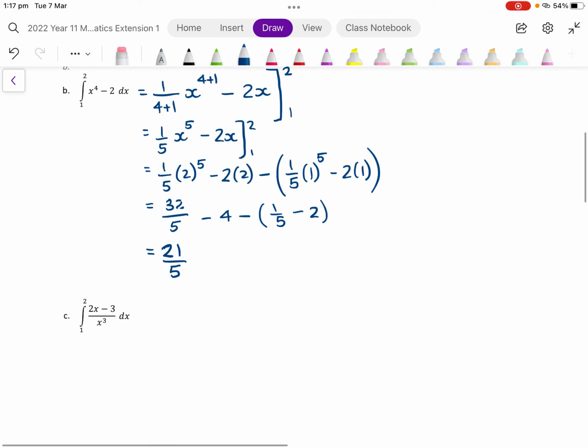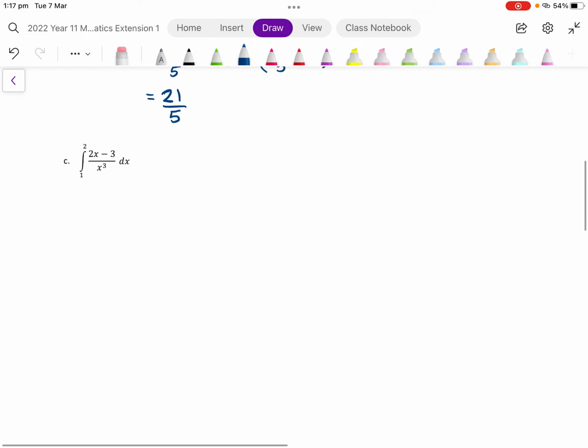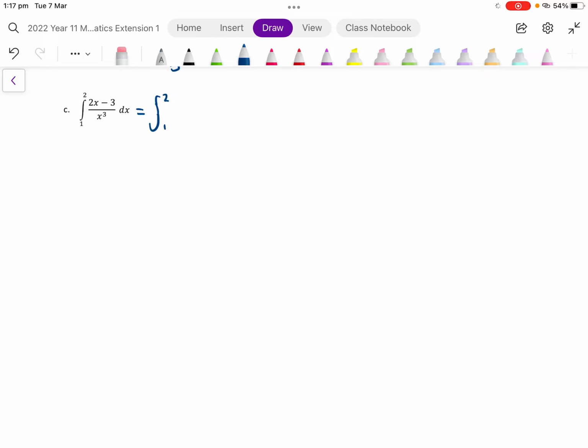For example C, we have the integral from 1 to 2 of (2x minus 3) all over x cubed dx. What we want to do here is split up our fraction. So we're going to copy this out as the integral from 1 to 2 of 2x over x cubed minus 3 over x cubed dx.